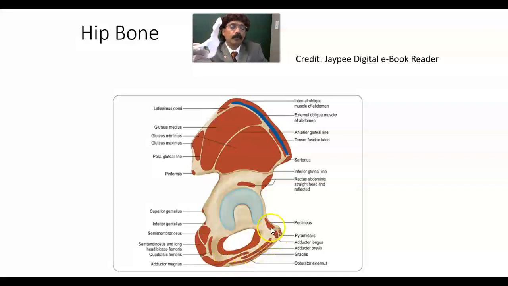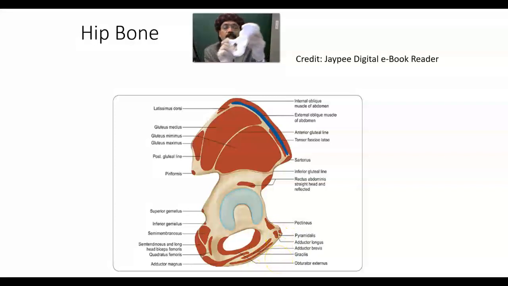So we got the adductor muscles. Adductor muscles are innervated mostly by the obturator nerve, with one exception. The exception is the adductor magnus, that also gets innervation from the tibial part of the sciatic nerve, because that is also a hamstring muscle.